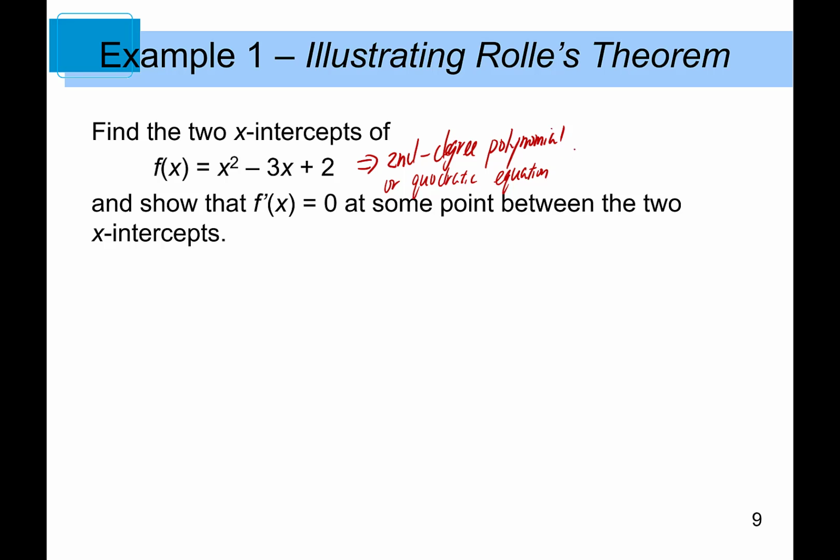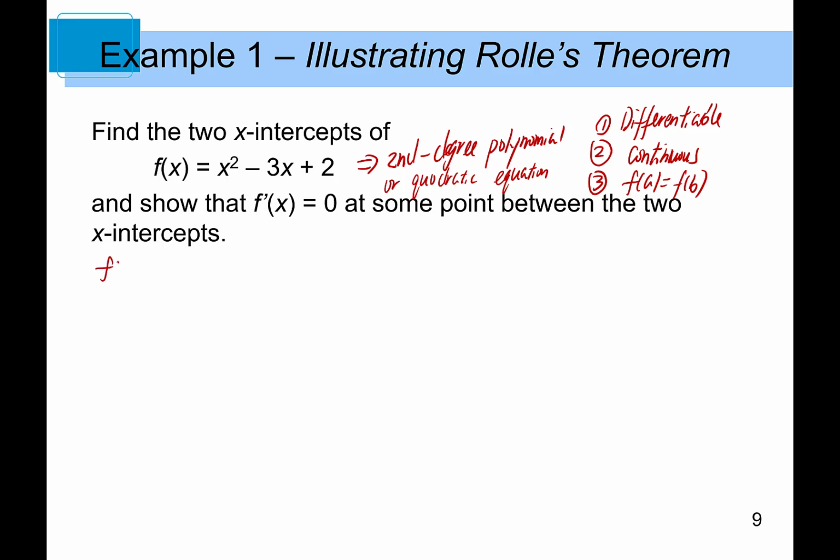It's continuous everywhere. It's differentiable everywhere. So we satisfy the first and second conditions. And we just have to check f(a) equals f(b).